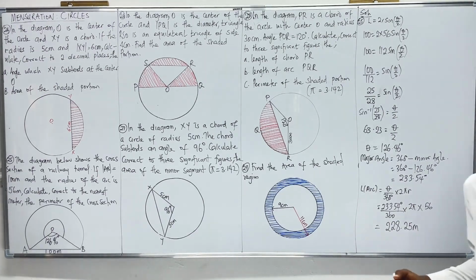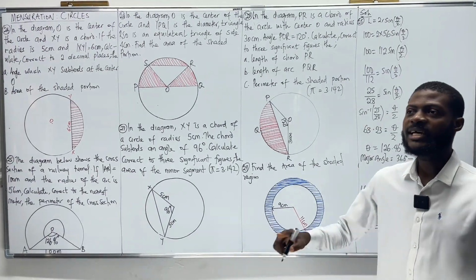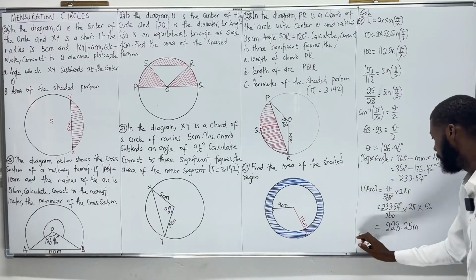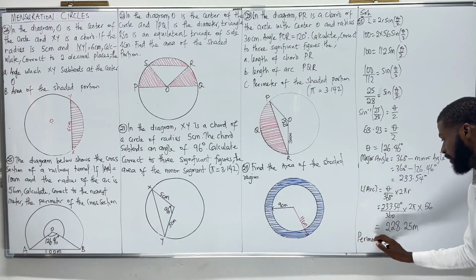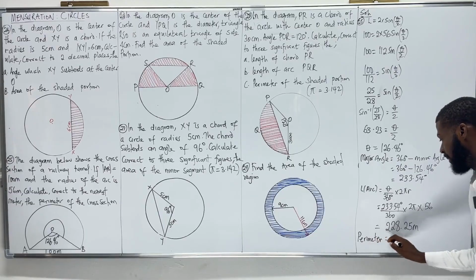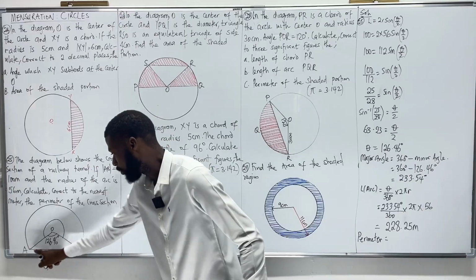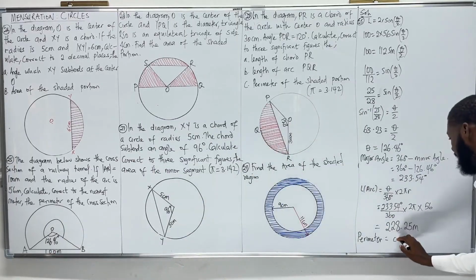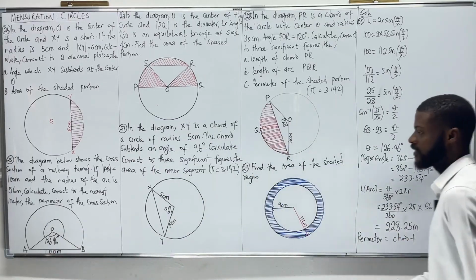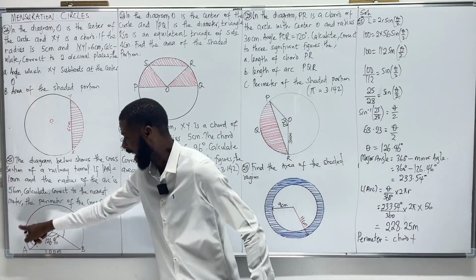Now, what is the perimeter? Remember I told you that perimeter is the sum of all the lengths. So the perimeter of that very tunnel, what is the tunnel made up of? The tunnel is made up of a chord plus a major arc.